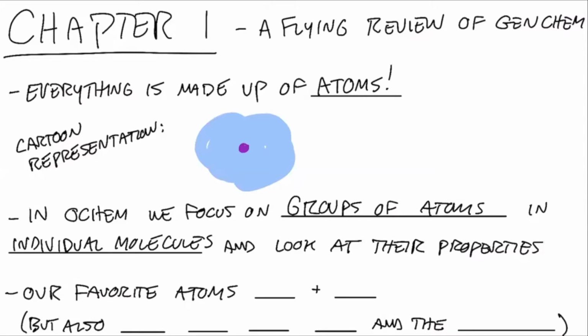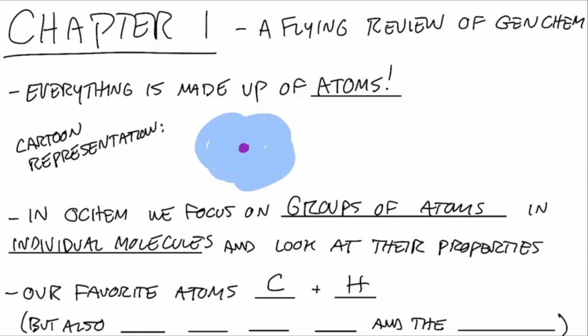In organic chemistry, we have a few favorite atoms that we like to favor over the other ones, and those are carbon and hydrogen. So when we say organic chemistry, we don't mean that we didn't use pesticides on the food that we grew. It's not that kind of organic. We mean that it's based mostly in carbon and hydrogen.